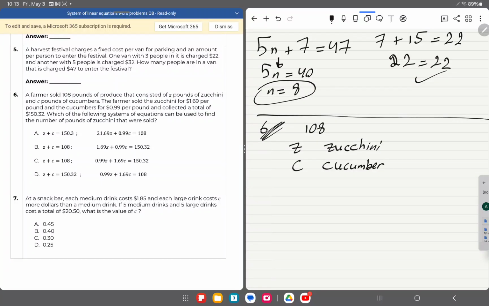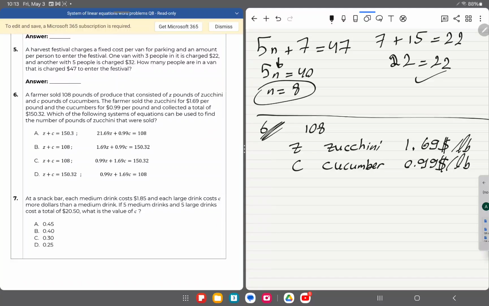The farmer sold the zucchini for $1.69 per pound and the cucumbers for $0.99 per pound. Okay.